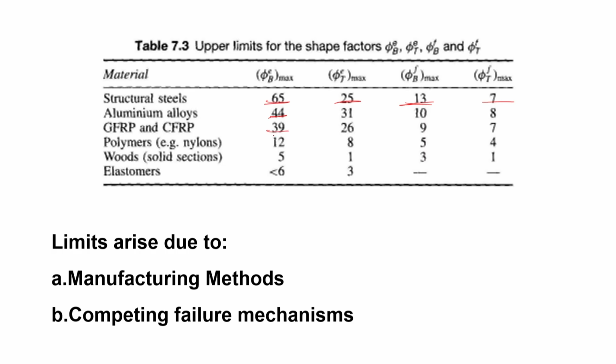GFRP, CFRP is also further smaller, polymer even smaller, wood is possibly one of the smallest, and the elastomers. That is happening because of the manufacturing methods, and also certain competing failure mechanisms. I can tell you very approximately that if we think of an aircraft wing, for example, that aircraft wing will have a lot of struts in it supporting the wing.